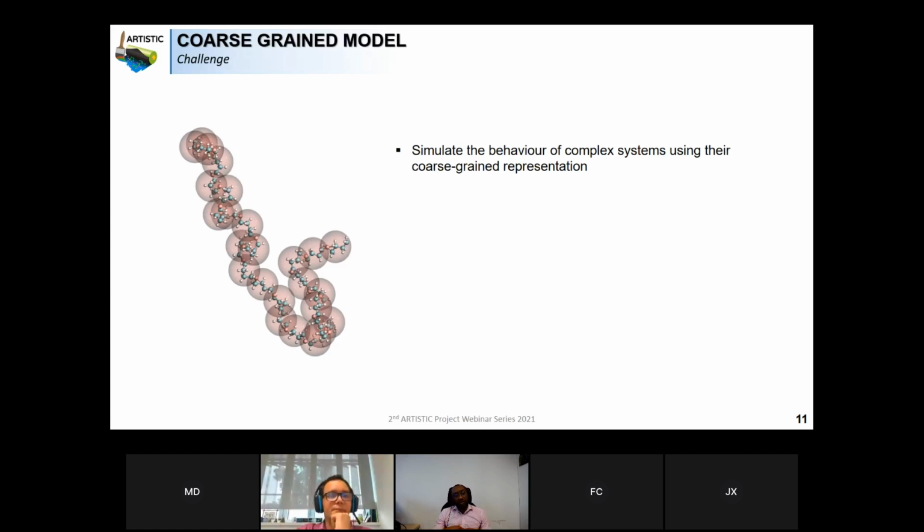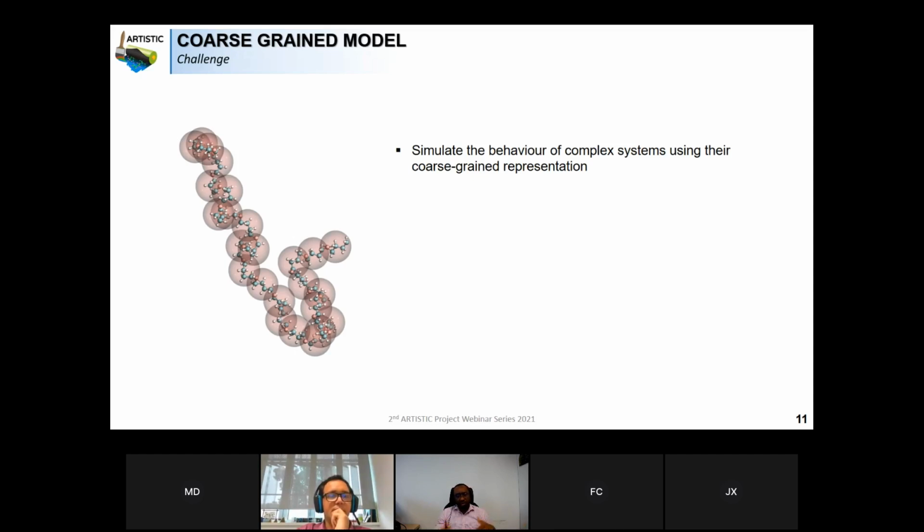This coarse grain model is mainly used to simulate complex systems, such as the big molecules that we see in biology or research, that are very complicated to simulate.